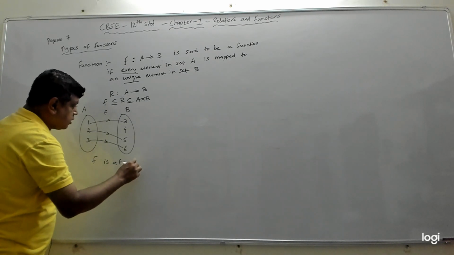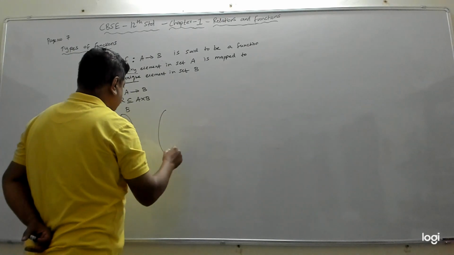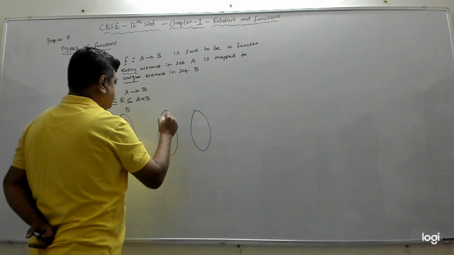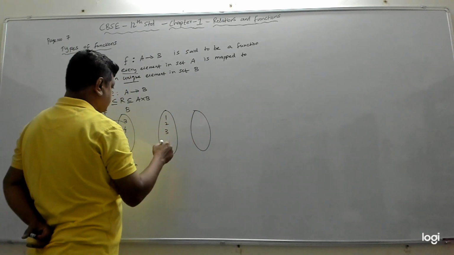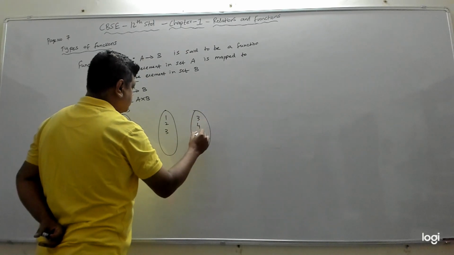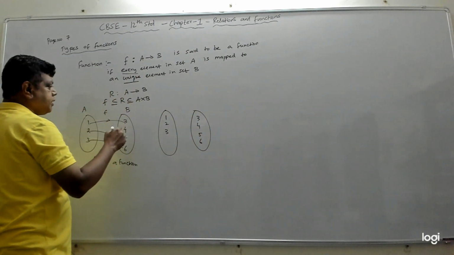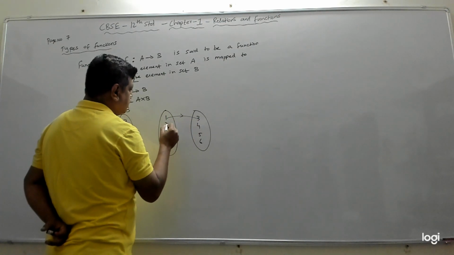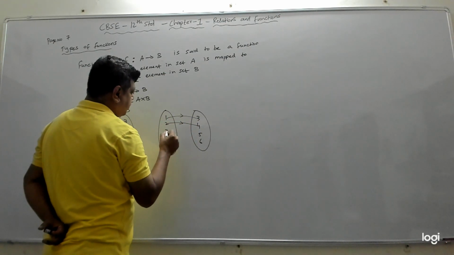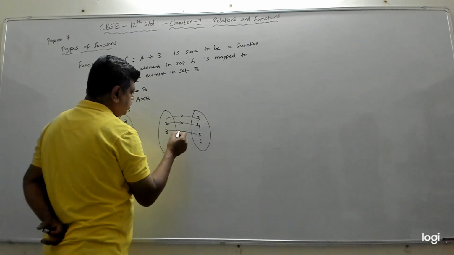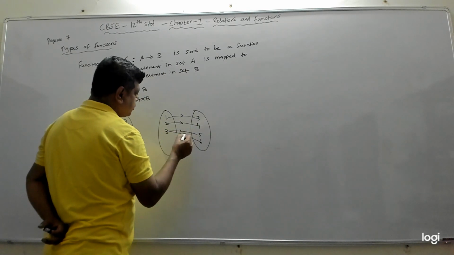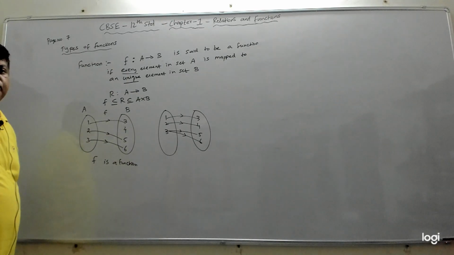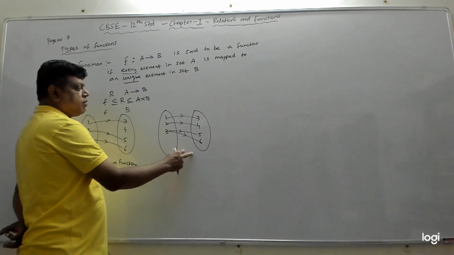Suppose you take 1, 2, 3 in one set, and 3, 4, 5, 6 in another set. This is your A set, this is your B set. Suppose I have 1 goes to 3, 2 goes to 4, 3 goes to 5, and 3 goes to 6. Then in this case, this is not a function.